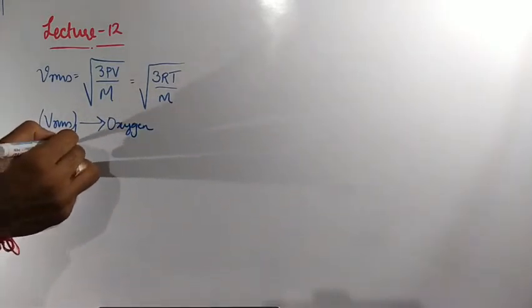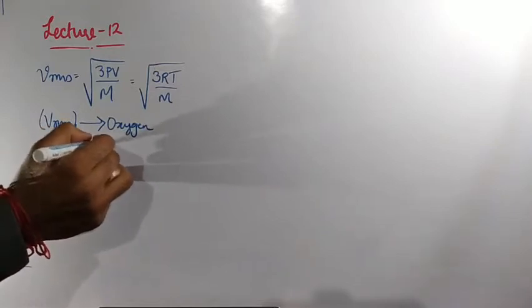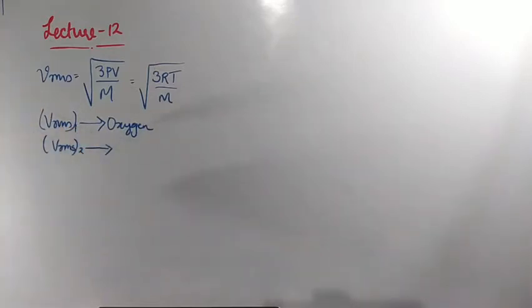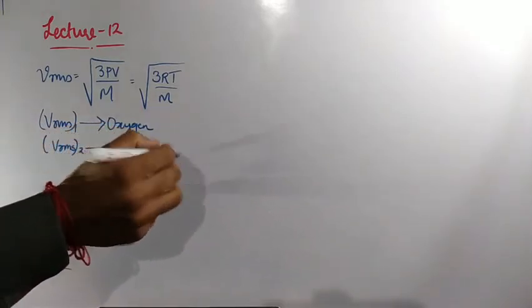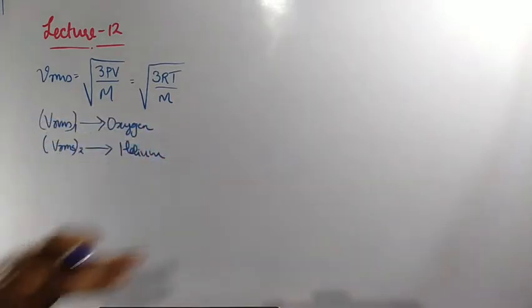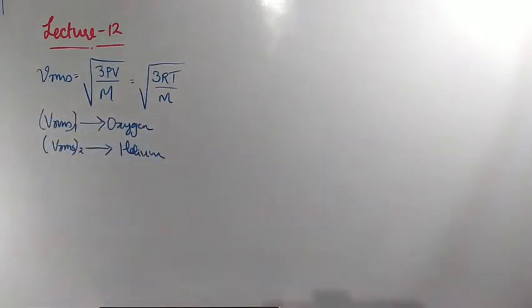VRMS 2 is the root mean square velocity for the second gas, which is helium. Here the temperature is asked for one, and the other is given as minus 10 degree Celsius.